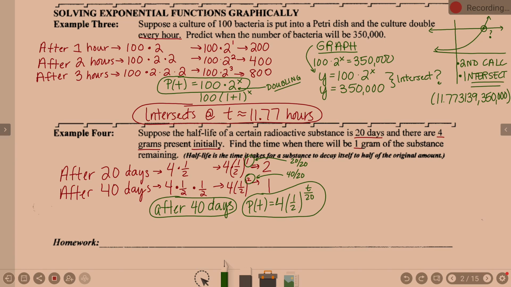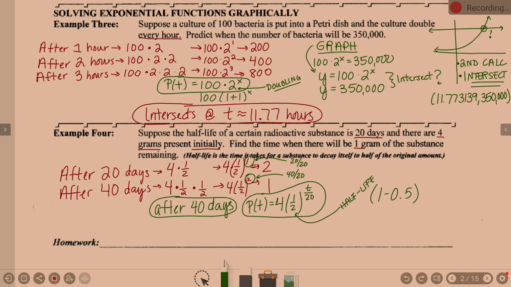Now, the doubling had a 2 here, yes? What's half-life have? A 1/2. Now, why is it 1/2? If it's half of something, you're taking away what? You're dividing by 2, or taking away half of something, or 50% of something, yes?